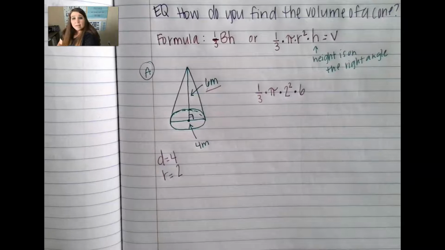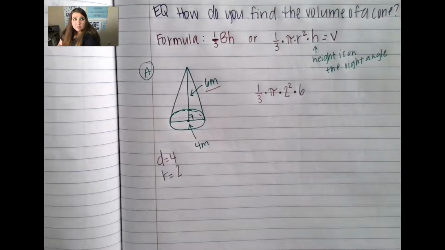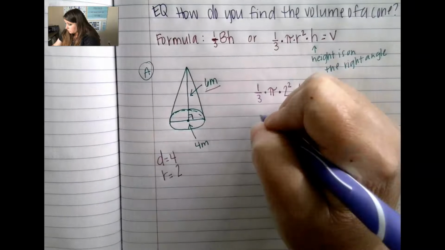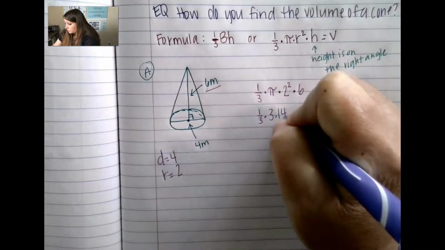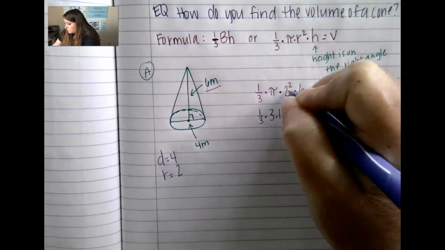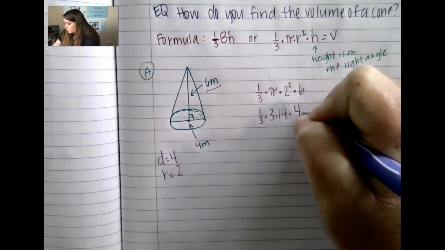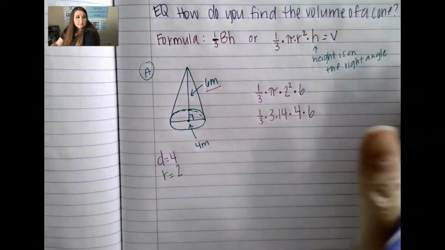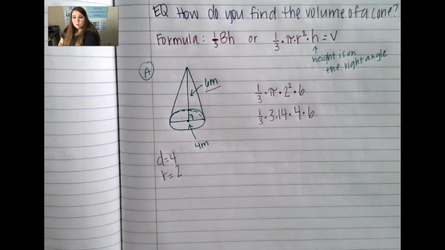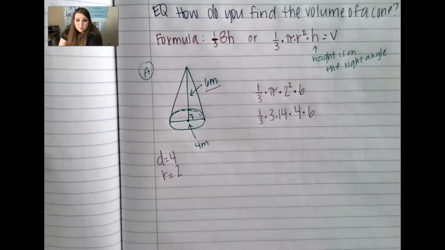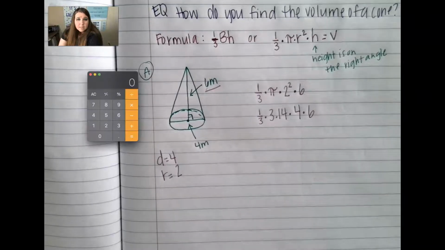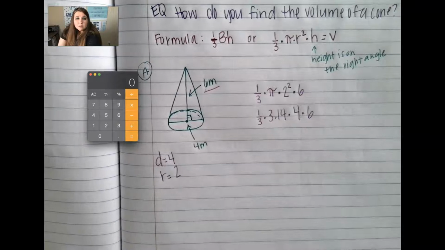All right, so let's solve what we know and figure out what we don't know. 1/3 times 3.14 times 2 times 2 times 6. Let's pull up our calculator so we can see how to put this into the system.